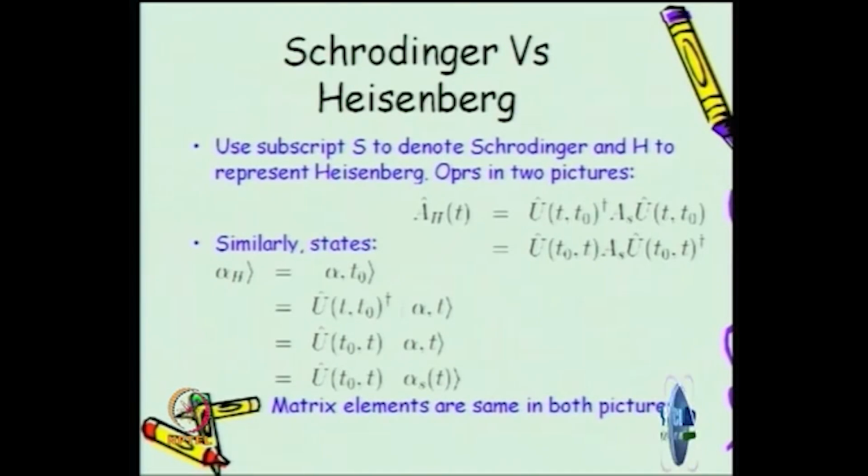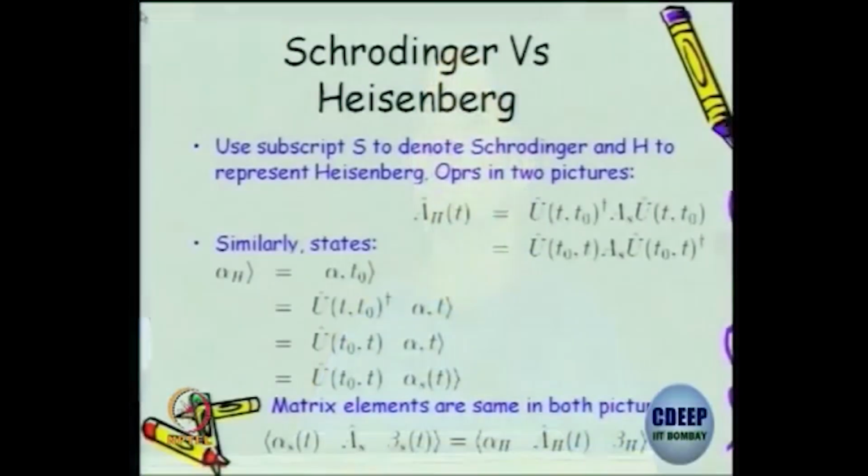Sometimes it becomes convenient to choose which picture will be much more convenient, okay. So just like when we did this earlier with the basis, I was trying to say that you choose a basis where it becomes the eigenvalue basis for some operators. Similarly here, sometimes working in the Heisenberg picture will be convenient. Sometimes the Schrodinger picture will be convenient, and you can decide depending on the given quantum mechanics problem, okay.